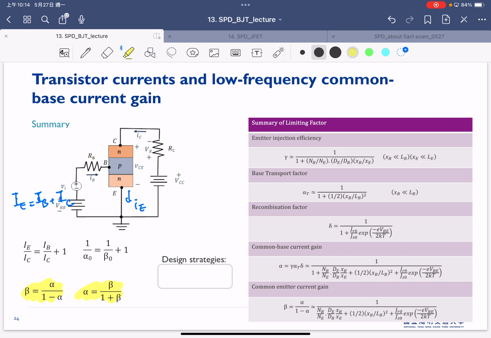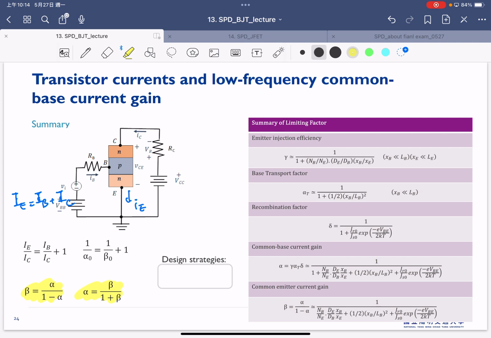If you have already followed the electronics in the undergraduate classes, I think this should be pretty familiar to you, because that's in the part when we learn the electronics (电子学) related to BJT.